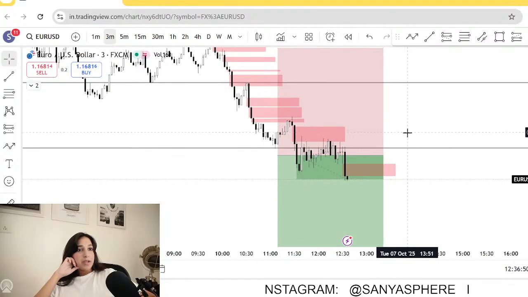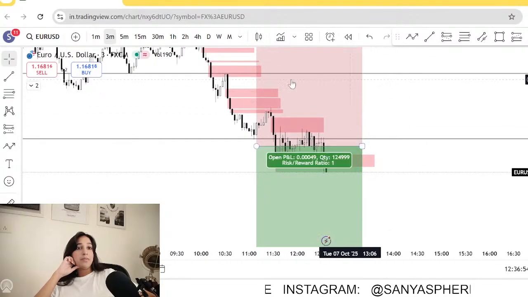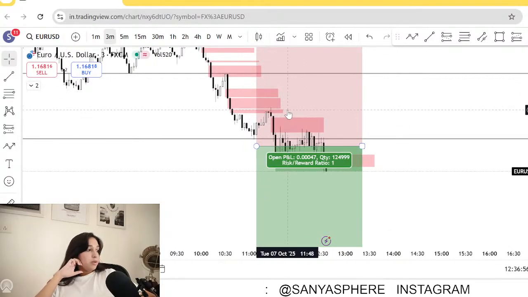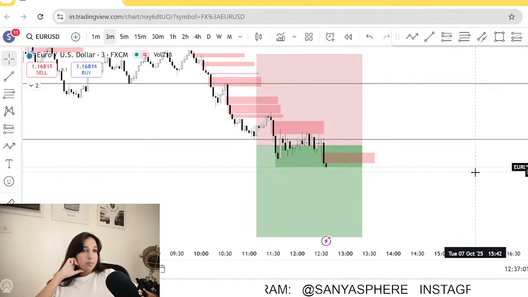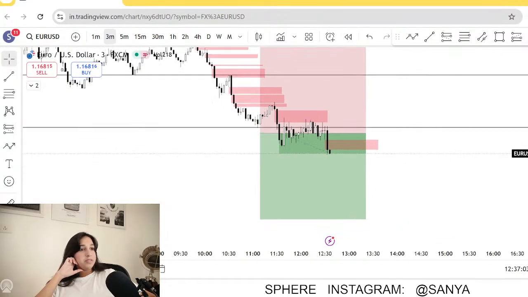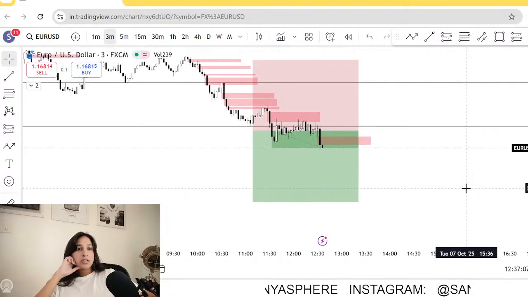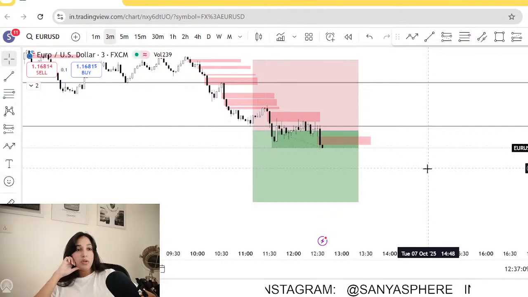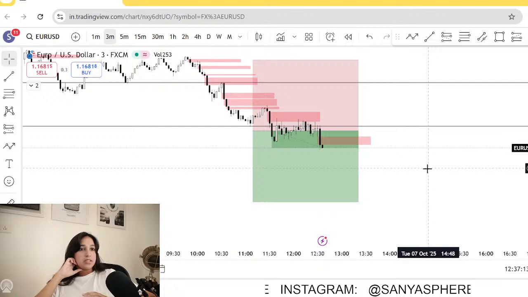If this is a support area for me, there could be something else as a support area for you. So things being more automatic and objective is very good because it simplifies your trading. You just need to have a playbook, a set of rules, and just put the trade according to that.